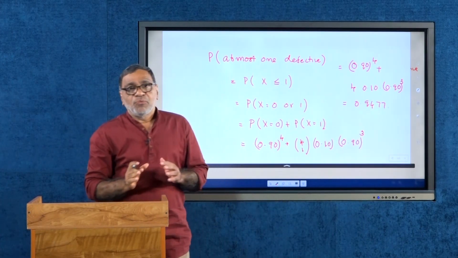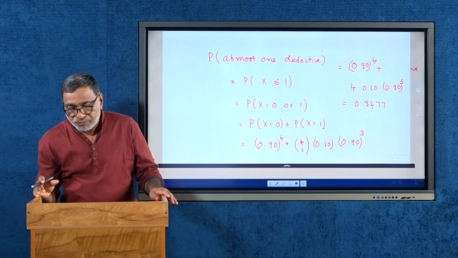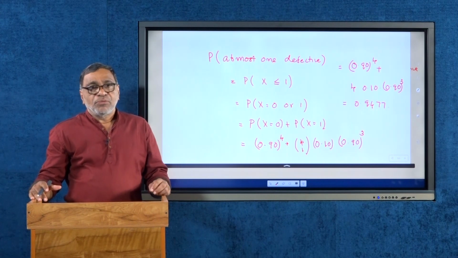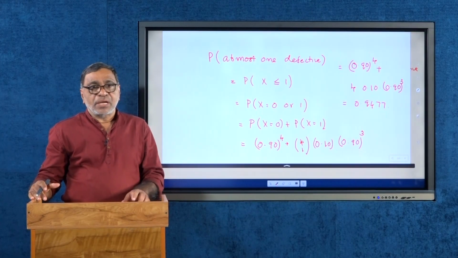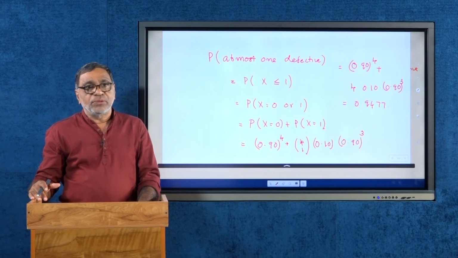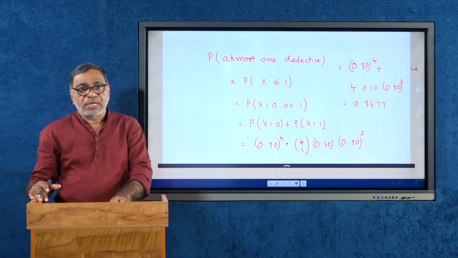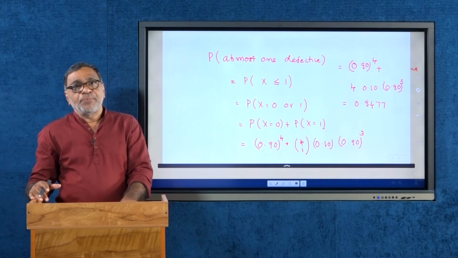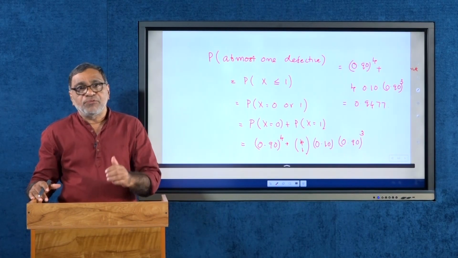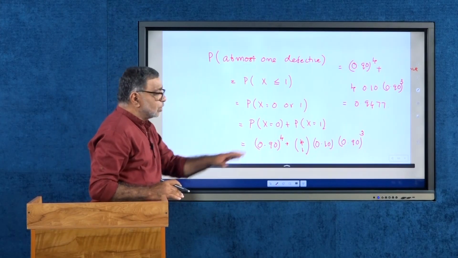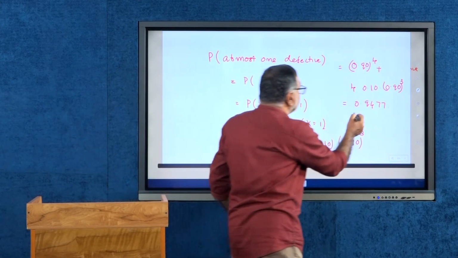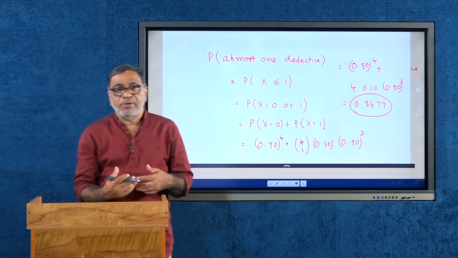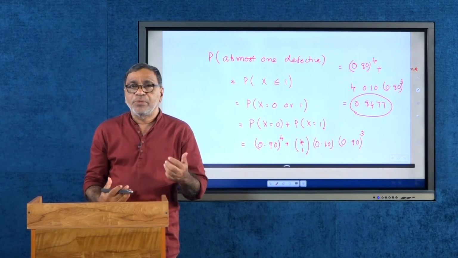So when we have a random experiment of selecting items that are classified as either defective or non-defective, and the probability of selecting a defective is given as 0.1, then the probability of at most one defective is obtained by this expression, and simplifying, this is the value. So this is an example where we are applying binomial probability.